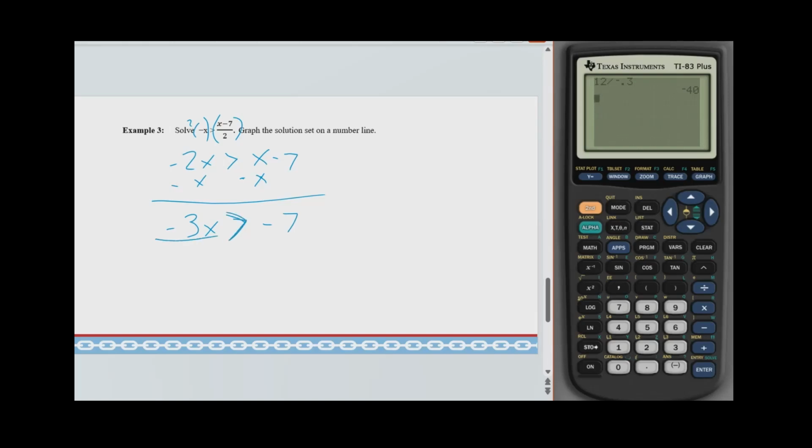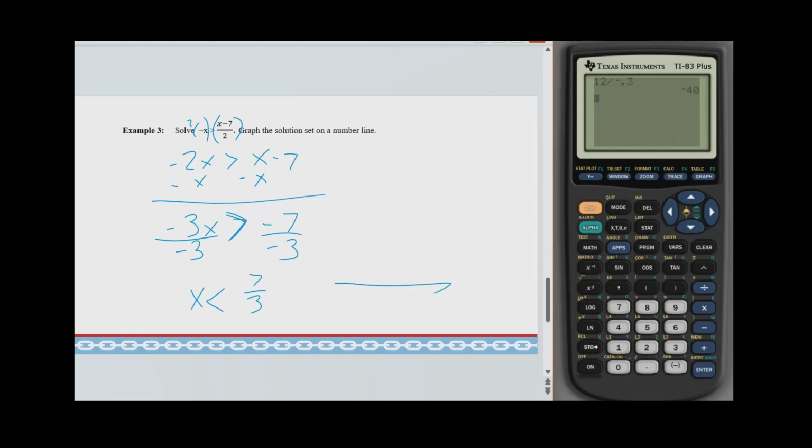So I'm going to divide away the negative 3. I'm dividing and it's negative, so I am going to flip my sign. Okay, x is less than 7/3.